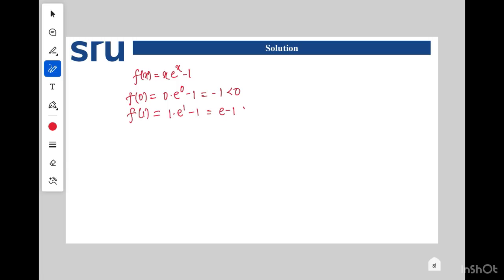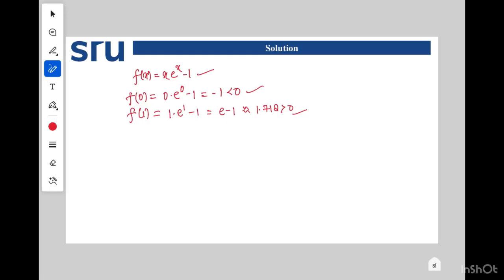This value is approximately equal to 1.718, which is a positive quantity. So here f(0) is less than 0 and f(1) is greater than 0.